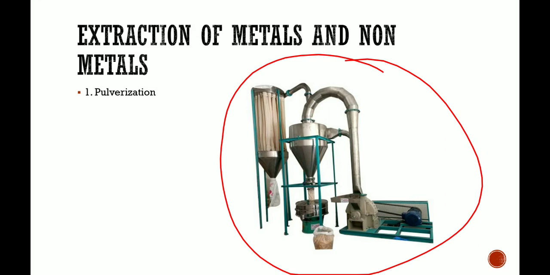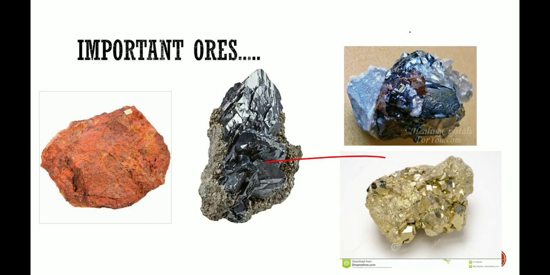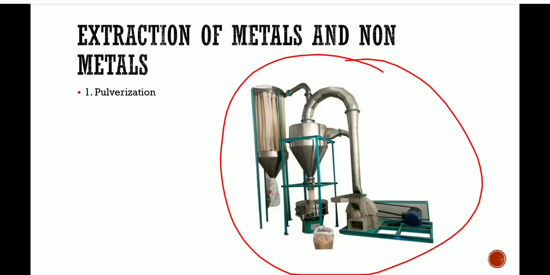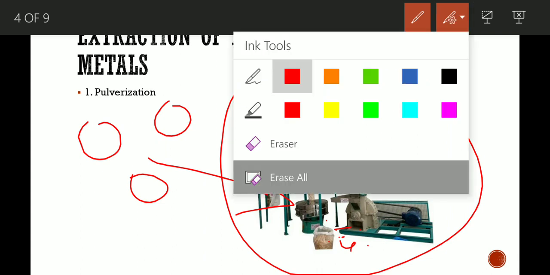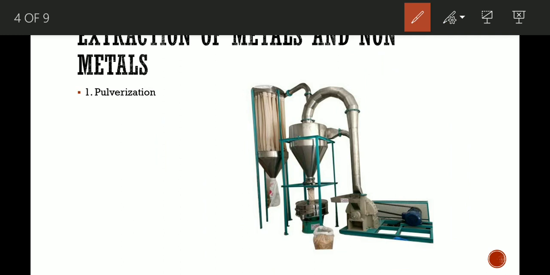The lumps of the ore, these hard, big lumps of ore, are converted into small pieces by using a jaw crusher and to powder by employing a stamp mill or ball mill. So this is basically used to convert any big lumps of ore into small pieces.